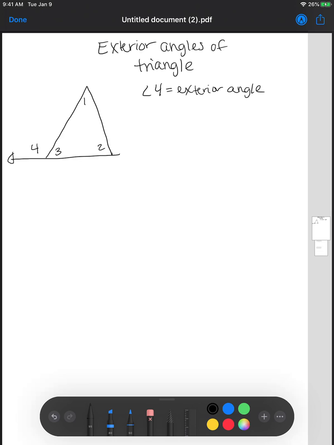Okay, so we're going to talk about remote interior angles.